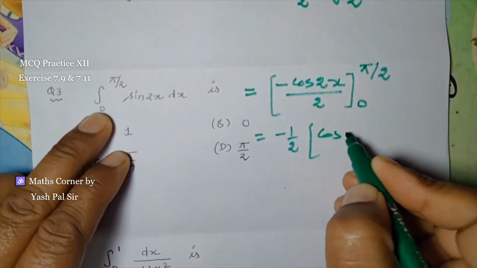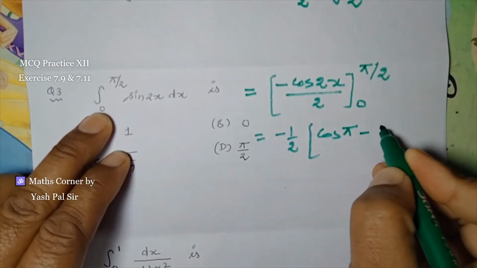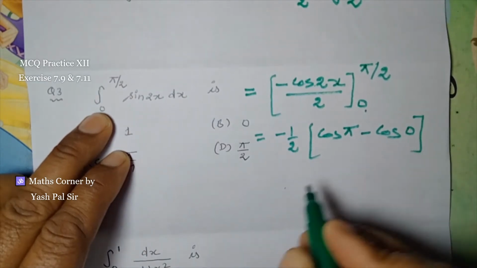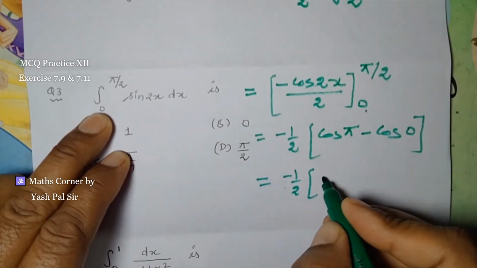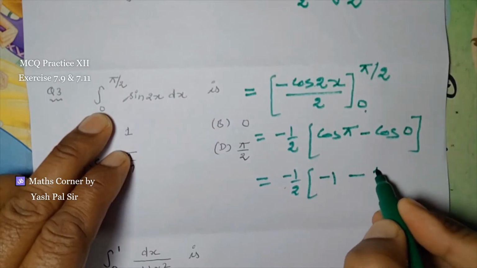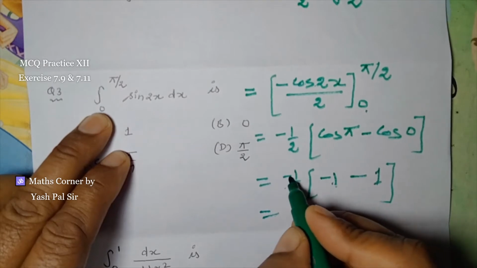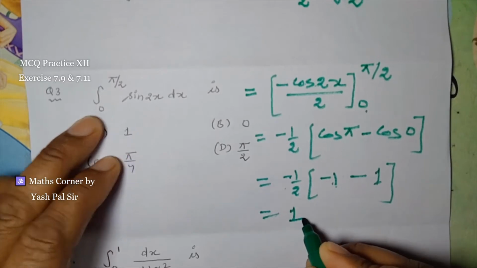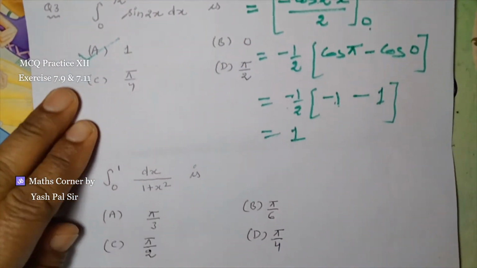First of all, cos 2 into pi upon 2, that is pi, minus cos 2 into 0, cos 0. Further we have minus 1 upon 2, cos pi means minus 1, this minus sign, cos 0 is 1, so minus 1 minus 1 is minus 2, minus 2 into minus 1 by 2, this becomes plus 1. So here option number A is the right choice.